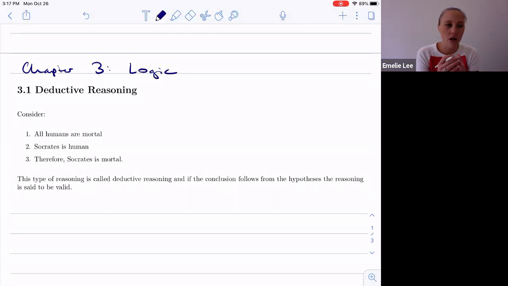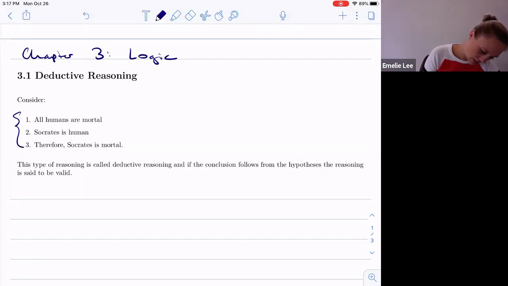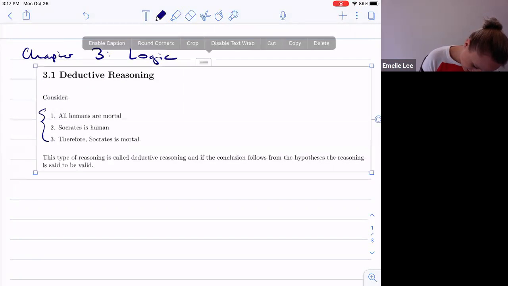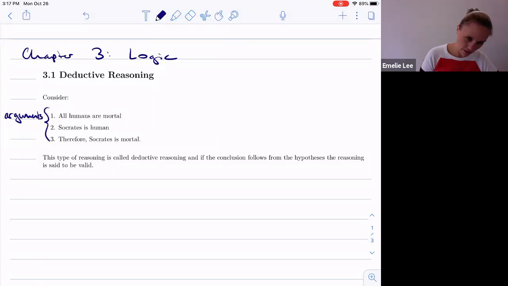We can all follow along, and we're just going to establish some terminology here. So all these things are arguments.